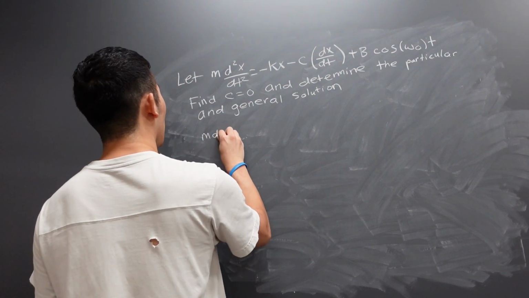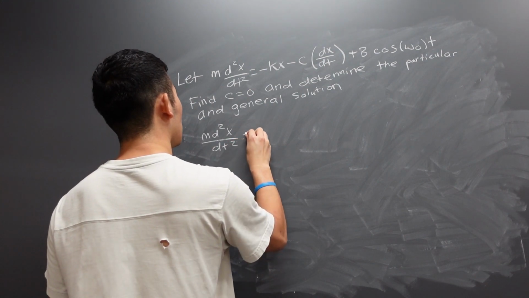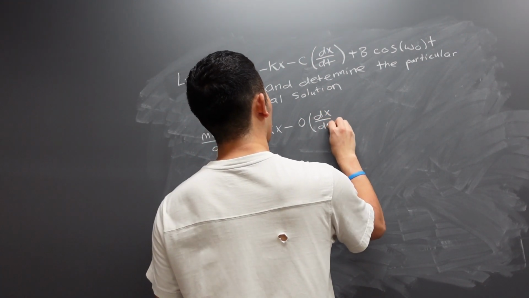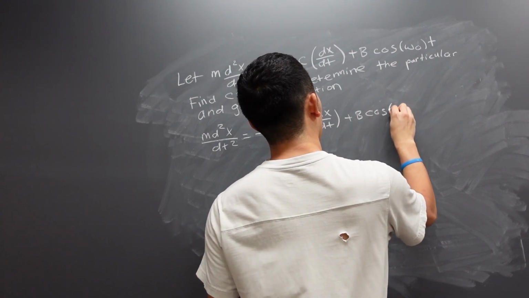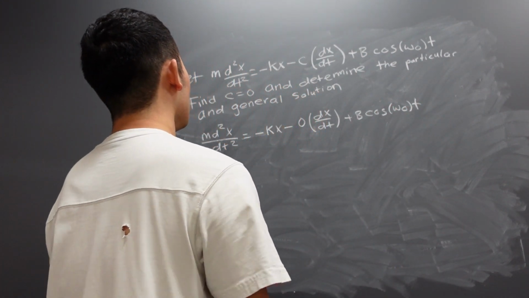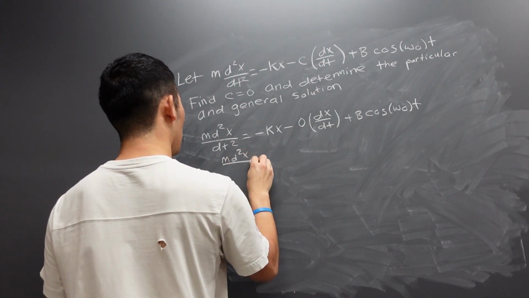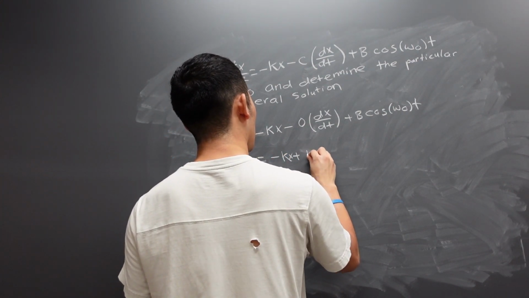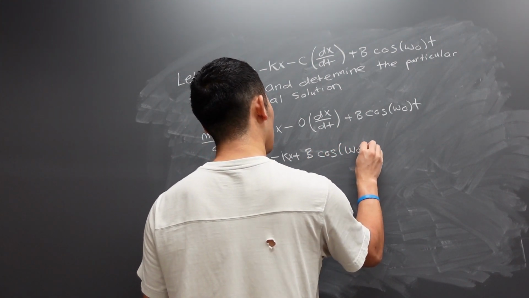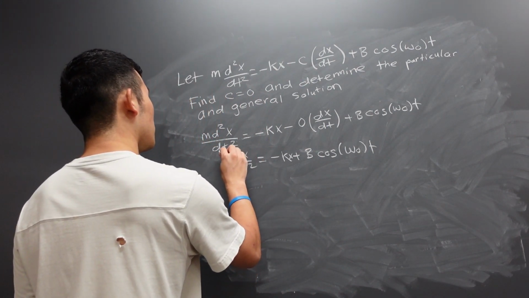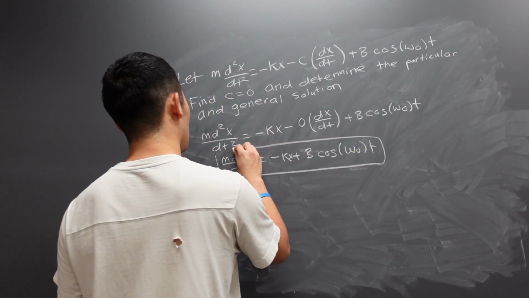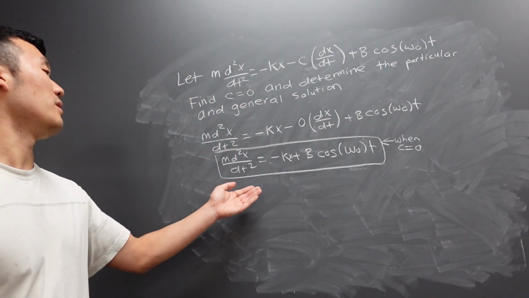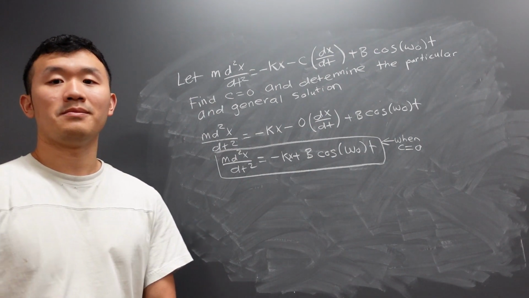So let me plug in 0 for c. So this is the formula of this equation when c is equal to 0.